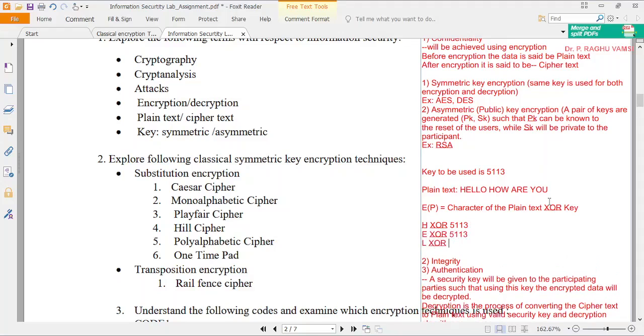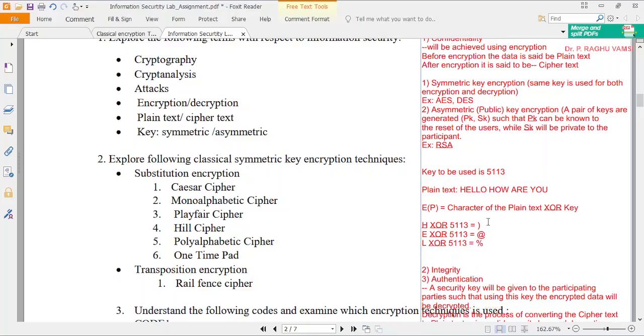L XOR 5113. Like that, every character in the plain text will be exclusively ORed with the key 5113, so that you will get characters which are completely ununderstandable, like maybe a dollar sign, or some strange characters like this. You cannot understand what these characters are. Okay, so for understanding purposes, I am giving these symbols.